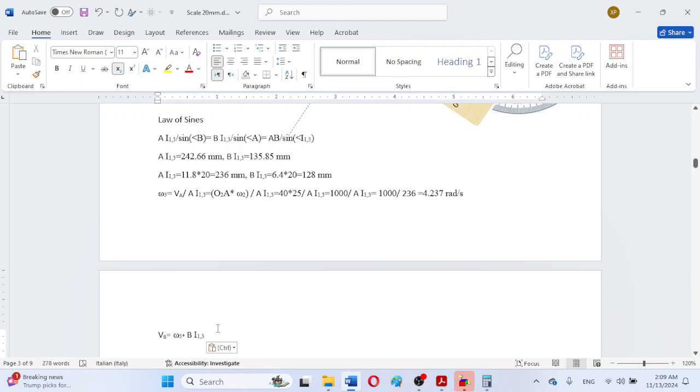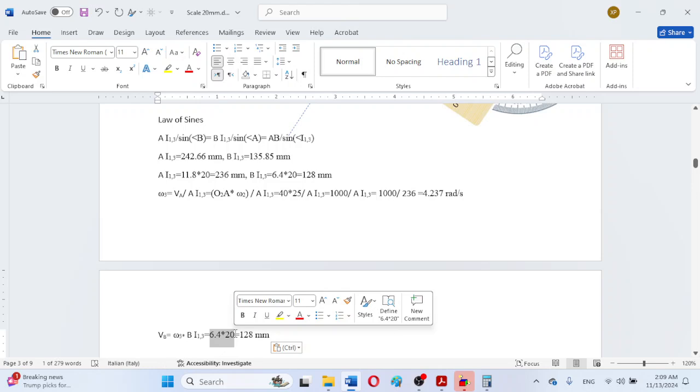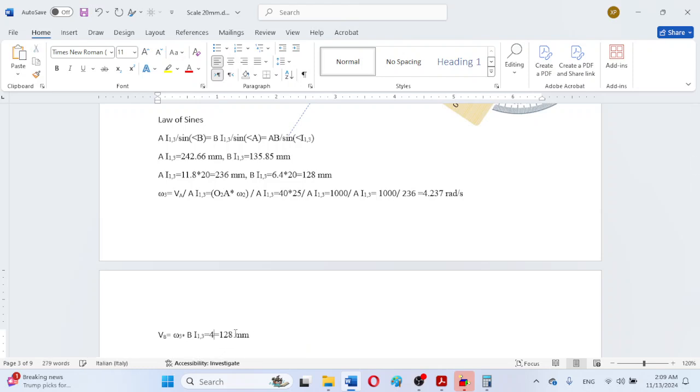So as we can observe, omega 3 in our case came out to be 4.37 radian per second, multiplied by B I 1,3, and our graphical results show that it is equal to 128.